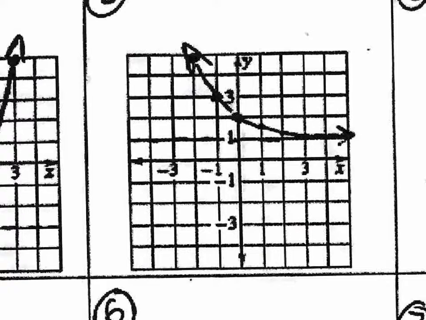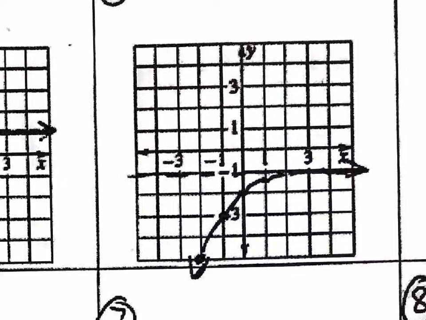Does that make sense? So from left to right, is it going to infinity, or is it actually approaching a certain asymptote value? What's that asymptote value? 1, right? So this is definitely a decay.